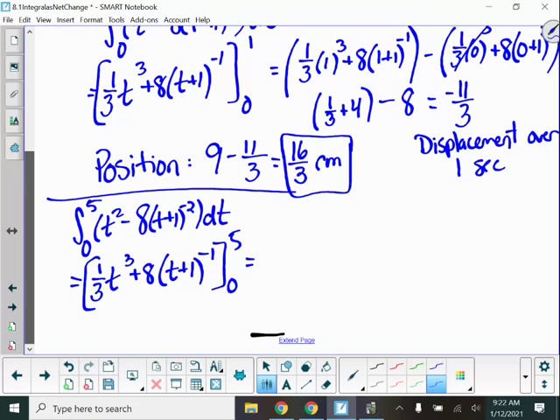So really, I just have to plug in the 5. I already know I'm going to get minus 8 whenever I plug in the 0. So this is going to be 1/3 times 5 cubed plus 8 times (5 plus 1) to the negative 1 power. And then minus 8, because I'm going to get the same thing when I plug in 0 for part A as when I plug in 0 in part B. So when we simplify everything that is in the parentheses, you end up getting 43.